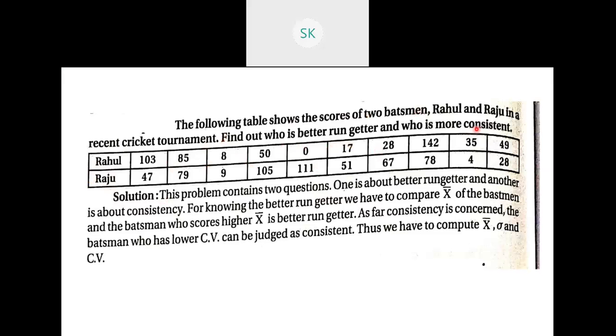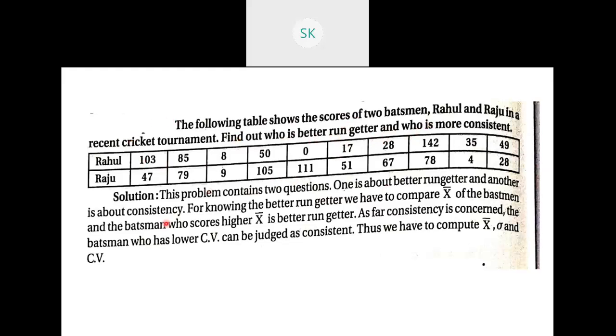Maybe for each over, or maybe for each match. Okay, it's not each over, maybe for each match. What they're asking us to find out is who is the better run getter, who can score more runs, and who is more consistent. This is the whole question.